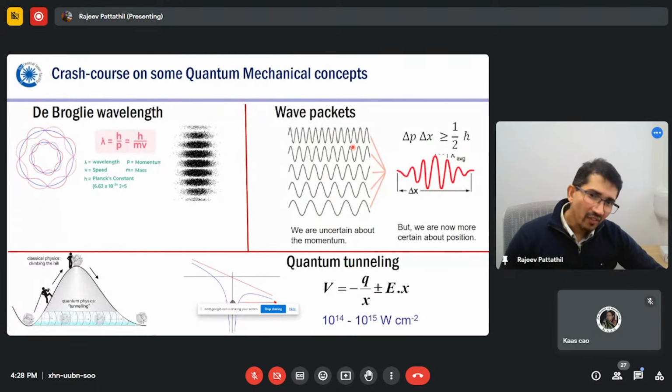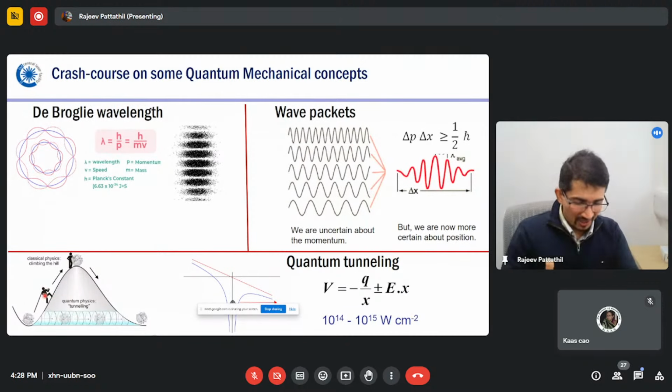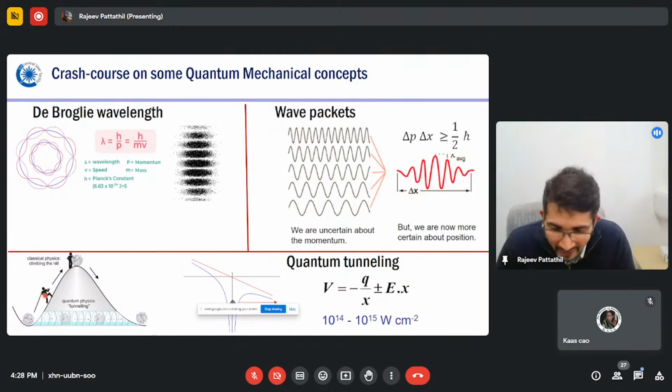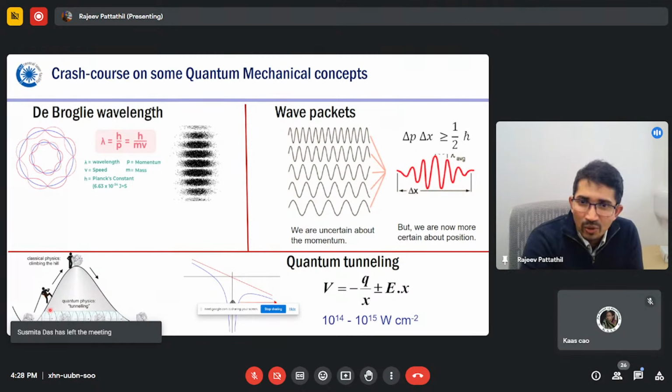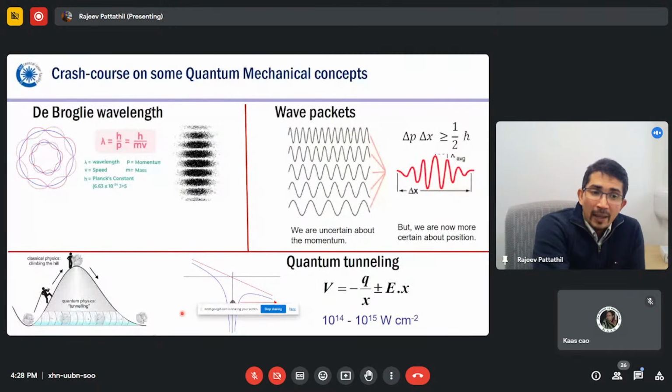Now, when you have a particle wave confined or stopped by a potential or a barrier, something interesting happens. In the classical regime, the only way for a particle to cross that barrier is to get more energy, climb that barrier up and go down.